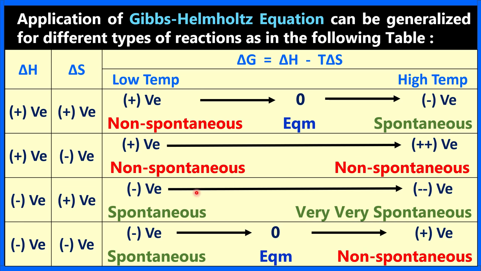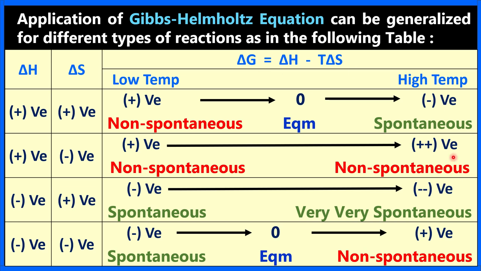In the second kind of reaction, in which delta H is positive and delta S is negative, at low temperature, as T delta S is less than delta H, so delta G should be positive, that is non-spontaneous. And also at higher temperature, the value of T delta S increases, but as delta S is negative, so at higher temperature also delta G becomes positive, and with increasing temperature the positive value of delta G increases.